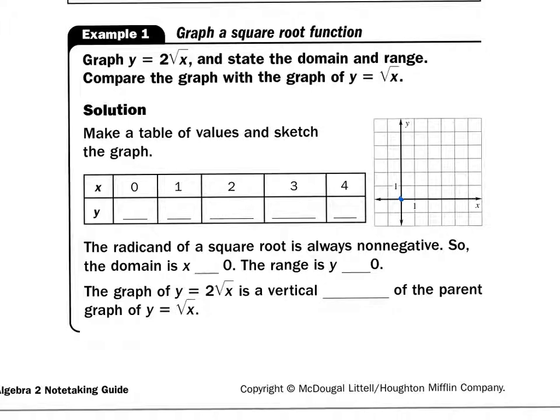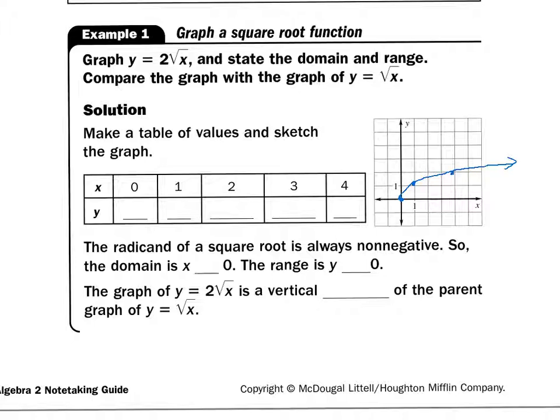Well, 1. Okay, how about a 4 for x? What do we get out for y? 2. So 1, 2, 3, 4 is 2. So this graph, the y equals square root of x, goes like that. Remember, we have to stop at that 0 because I can't put a negative 1 in here, because I can't have negative square roots.